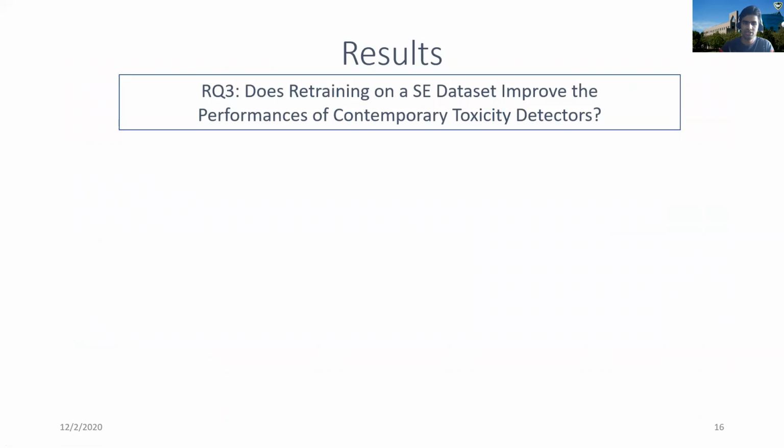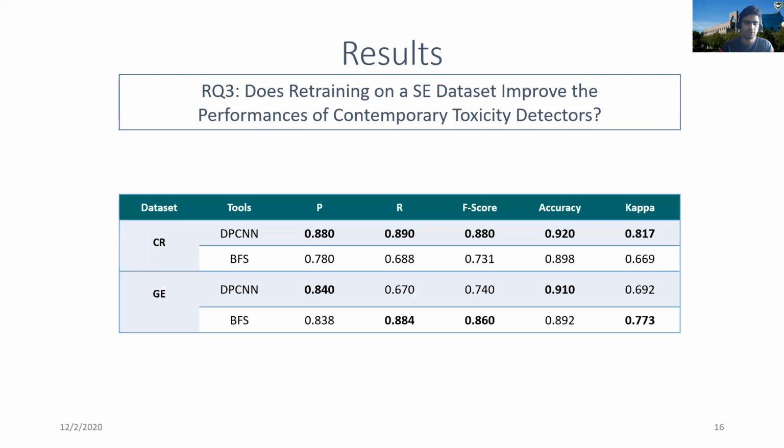Now the research question 3 is, does retraining on the software engineering dataset improve the performance of contemporary toxicity detectors? So for that reason, we retrained two of our models, DPCNN and BART with Fast AI, because their code is available for retraining. So we have found that the DPCNN has very good accuracy for the code review dataset, and BART performed well on the Gitter Ethereum dataset.